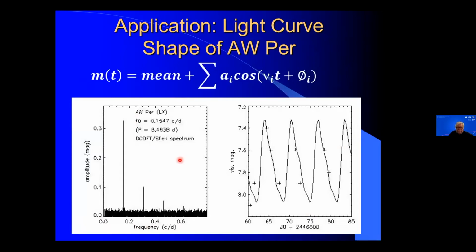This is a very nice, peaceful case, because it comes with one single peak very easily. And this uses the date compensated discrete Fourier transform. The prescription is already written in the hands-on. The case of DT Virginis I gave to you for your exercise this afternoon, hopefully.